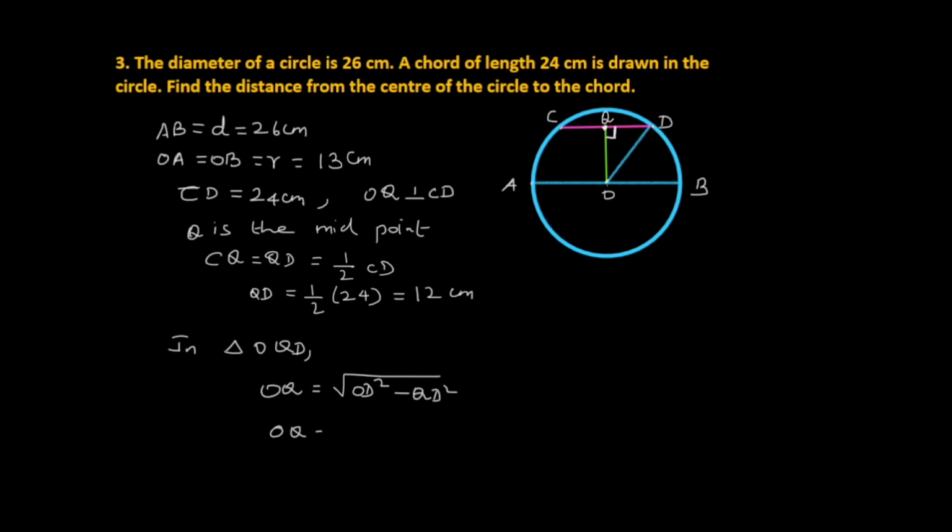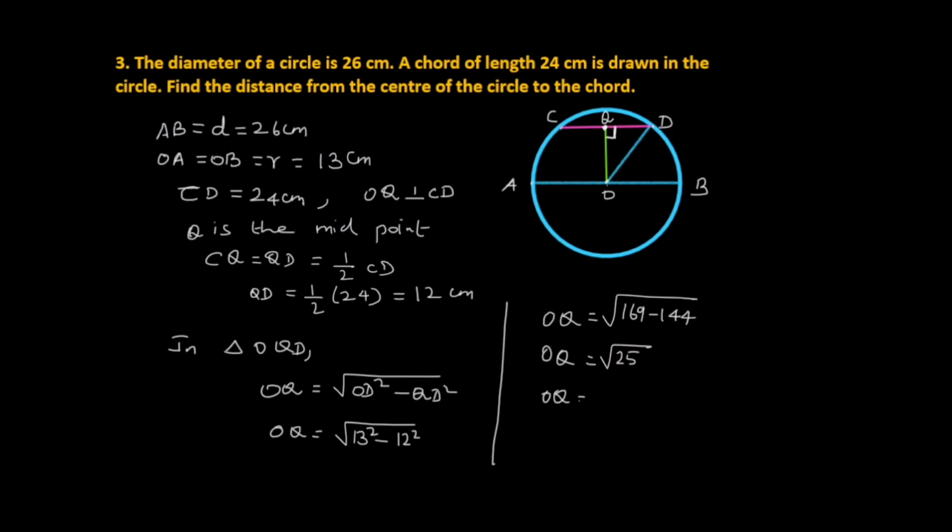So OQ is equal to 13 squared, 169, minus 12 squared, 144. OQ squared is equal to 25. So OQ is equal to 5 centimeter. The chord CD is 5 centimeter from the center of the circle when the radius is 13 centimeter.